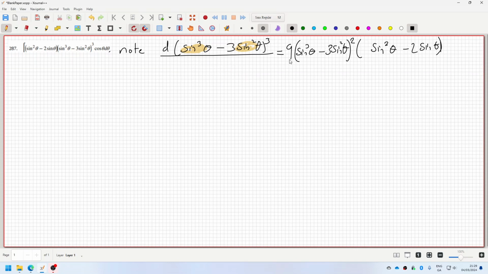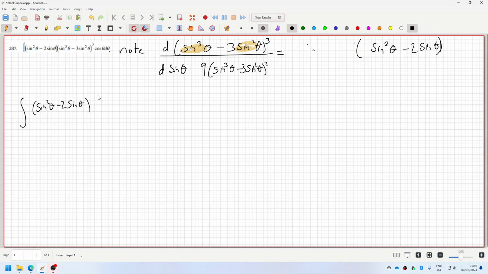If I divide by this 9 here, so I still have d sine theta, and then I'll have the 9 sine cubed theta minus 3 sine squared theta squared, and I sub that in, so this integration would become sine squared theta minus 2 sine theta, and then you have the sine cubed theta minus 3 sine squared theta cubed cos theta d theta.